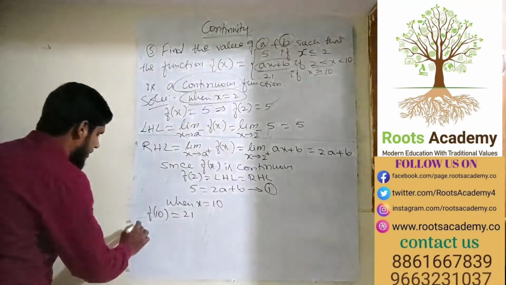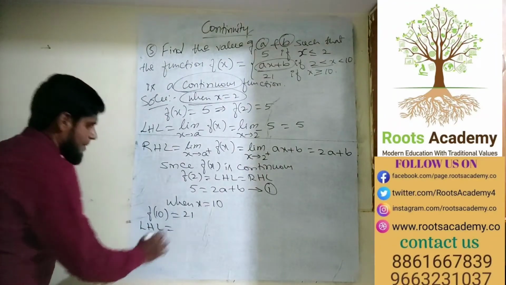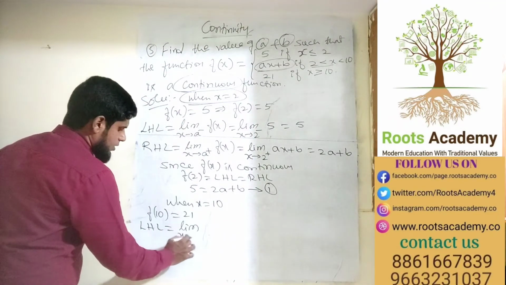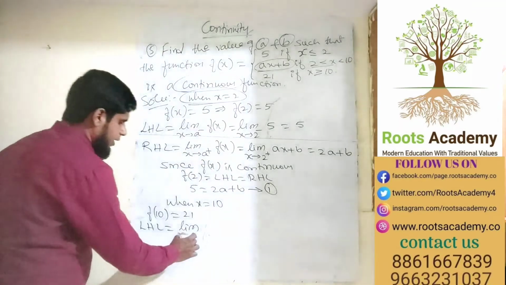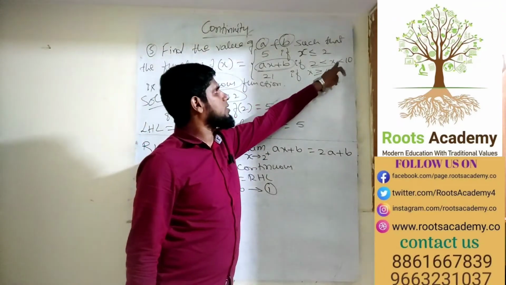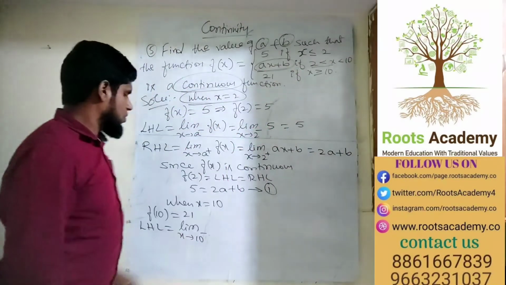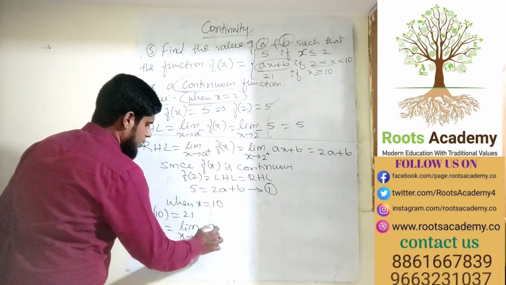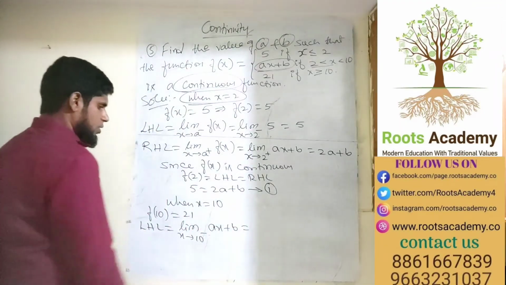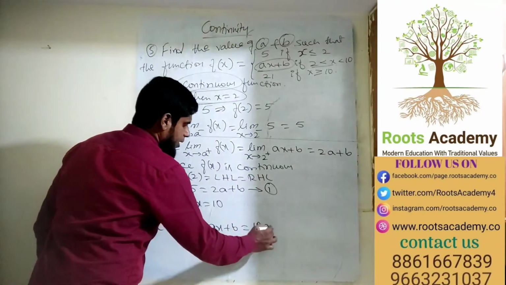Next, left hand limit. X tends to 10 power minus, x is less than 10. So the function is ax plus b. So this is equal to 10a plus b.